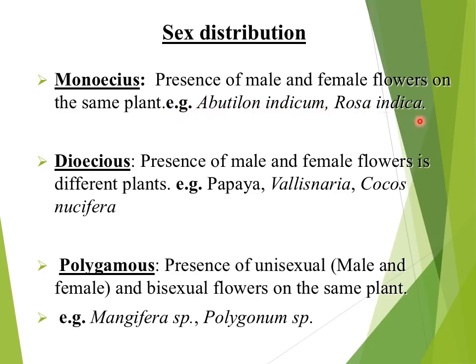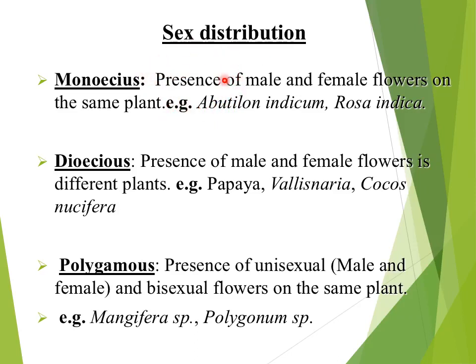So that type of flower is known as bisexual or monoecious. Dioecious, two houses. Male house is separate, female house is separate. Now the presence of male and female flowers on different plants or on different branches.